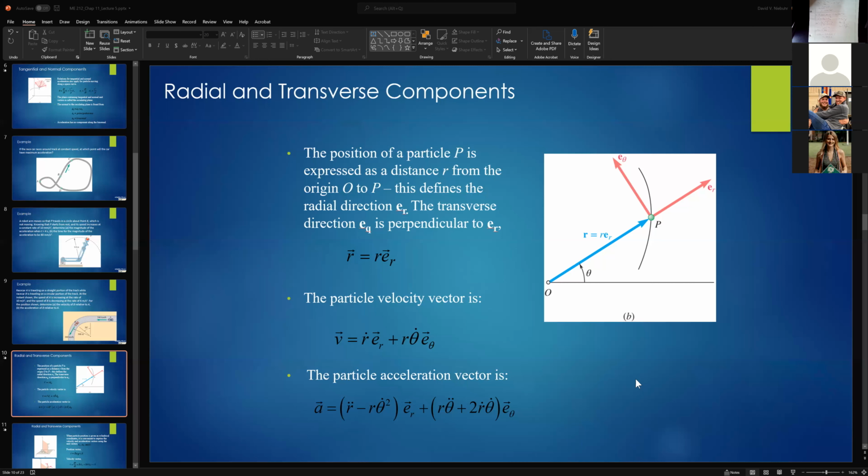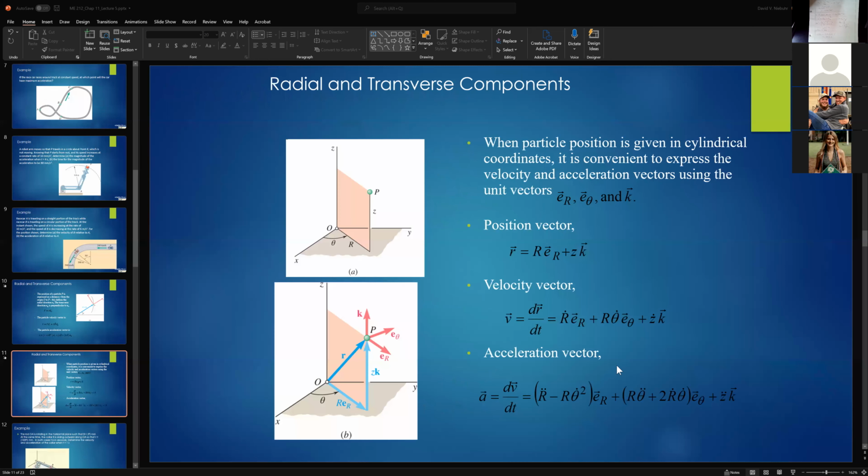All right. So you can also use what are called cylindrical coordinates, which you may remember from calculus. And so then we add this extra term here. The position vector has the z term for that dimension, and then the velocity has the time derivative of z and the second time derivative of z in both of those.